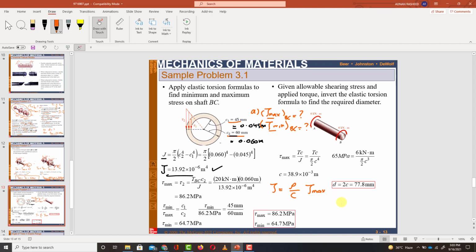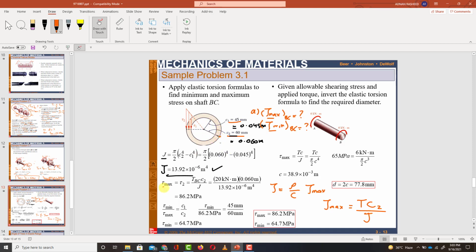So as we know that tau max is equal to T C2 over J. This will be tau max because C2 is the maximum radius.